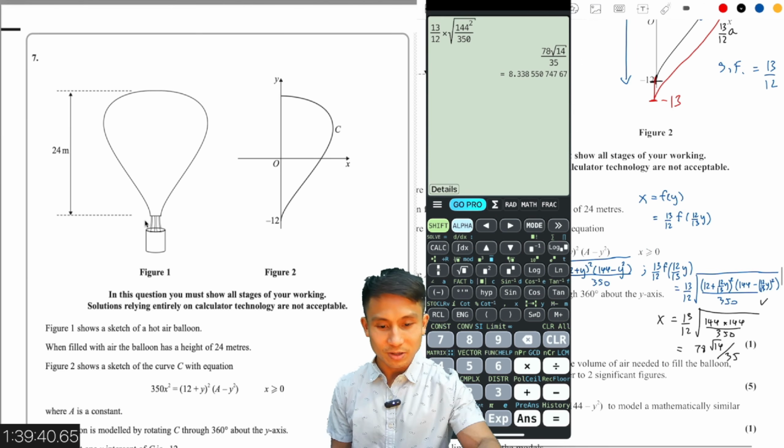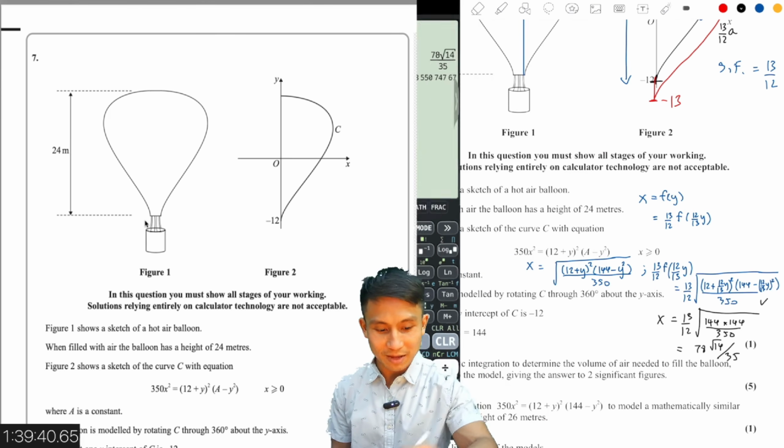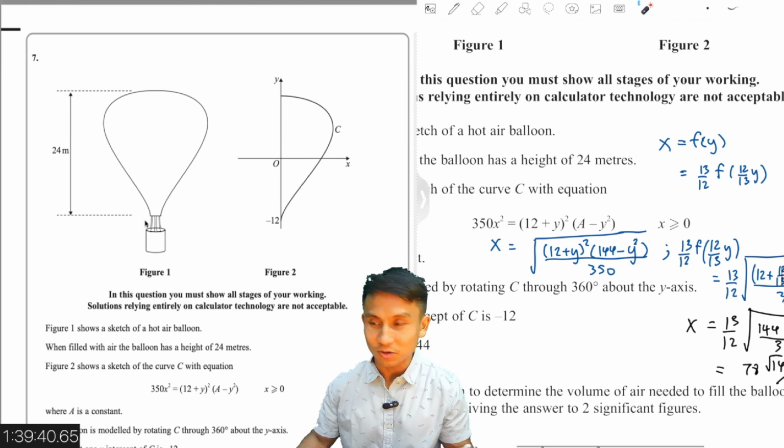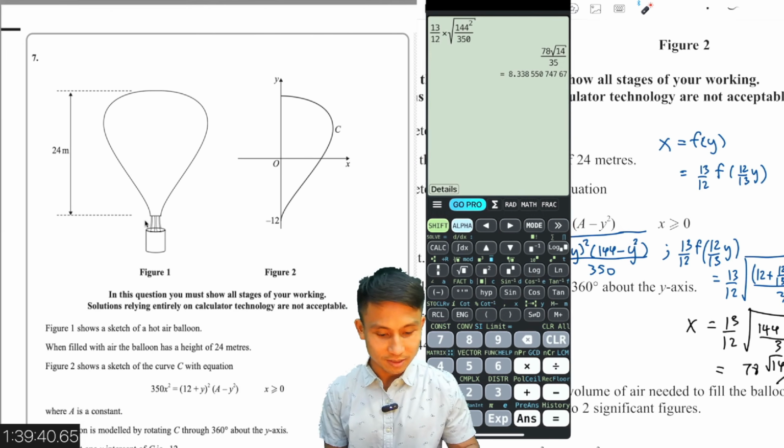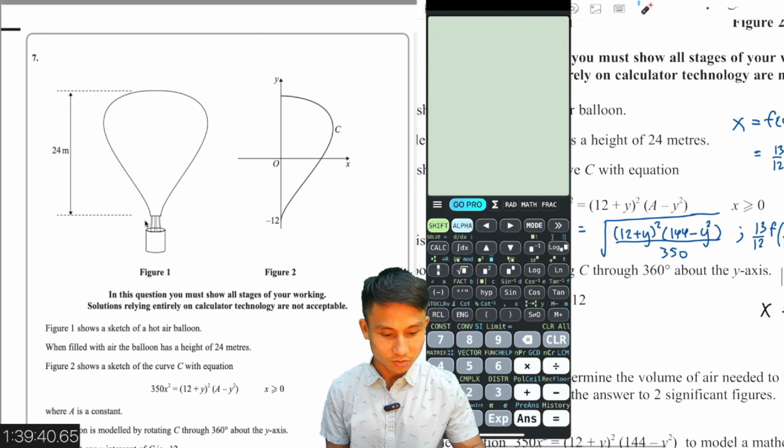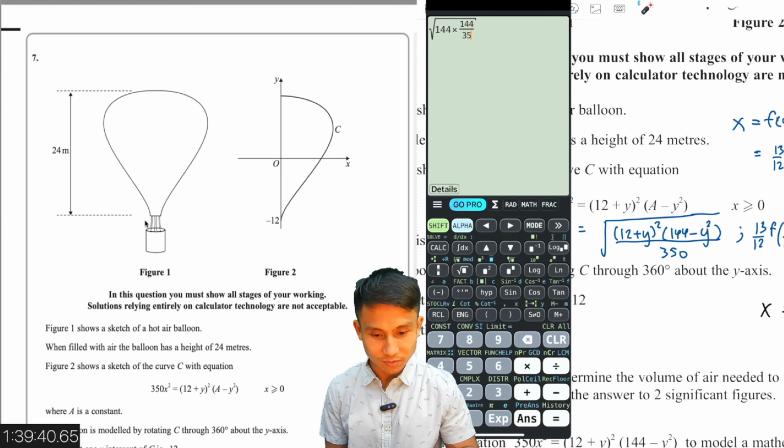Now is this 13 over 12 times the previous one? Well, we haven't got the previous one, right? So the previous one, if we sub y equals 0 in here, what do we get? Square root, y equals 0, so that would be 144 as well. And that's also 144. The other part, that's 350.